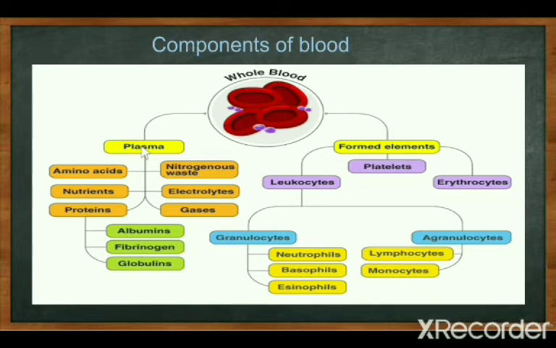The major thing present in plasma is water, about 90% of the plasma. The remaining 10% is some salt, some amino acids, some protein, some nutrients. These are some points.